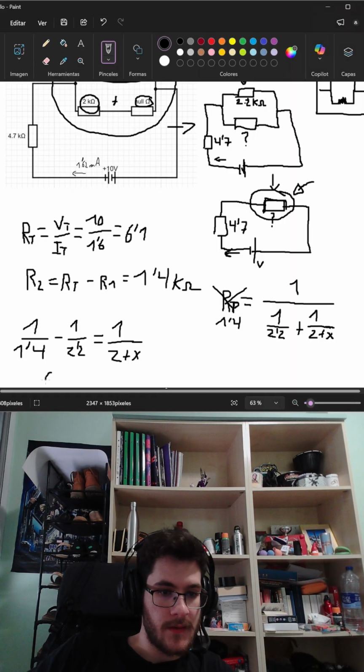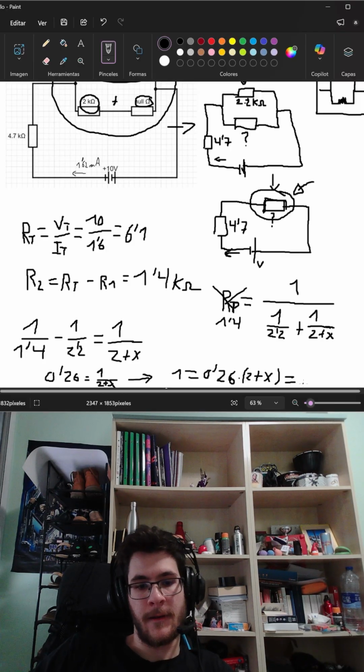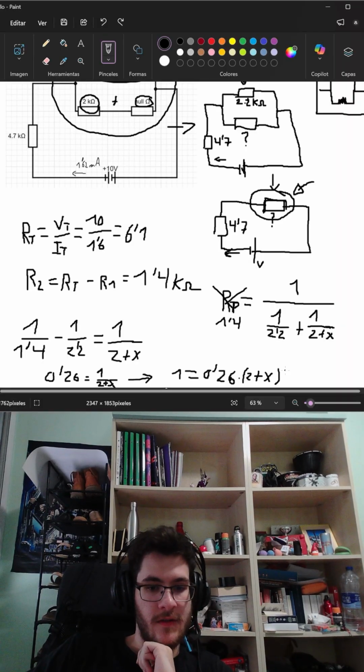So 0.26 is equal to 1 divided by 2 plus x. Then we have that 1 is equal to 0.26 multiplied by 2 plus x.